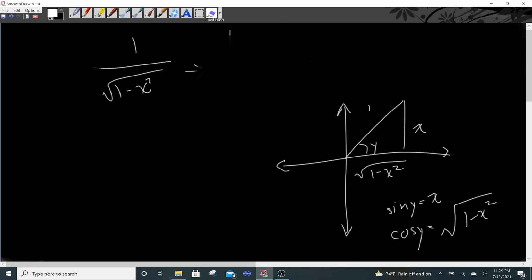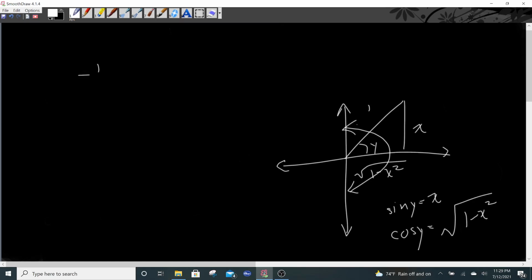And I would like to point to something interesting right here. As you might be able to see, well, I don't think you might be able to see it, but still, cosine is positive on this range.